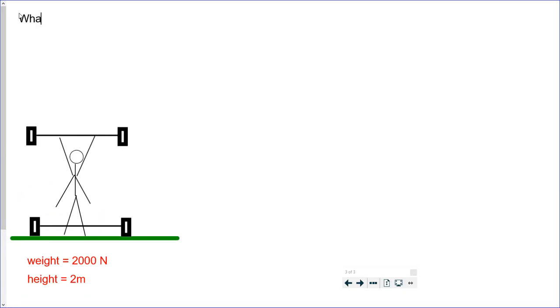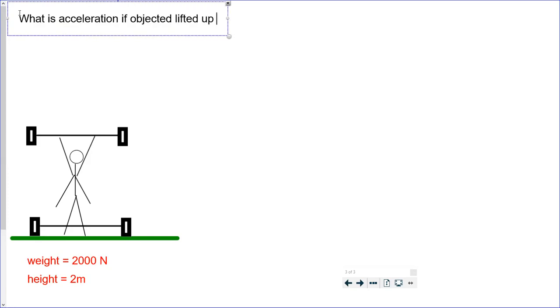What is the expression, what is acceleration, if the object is lifted up with a constant speed?